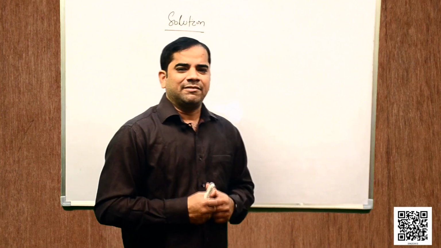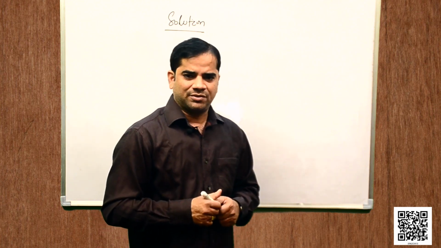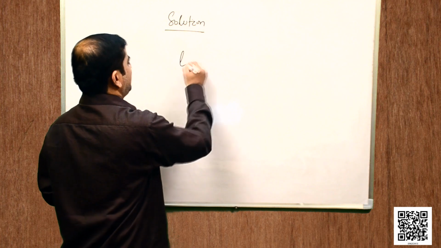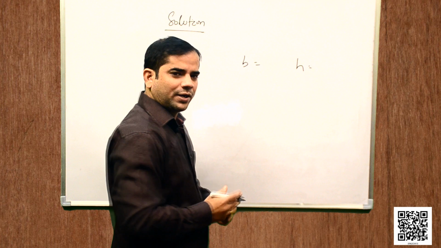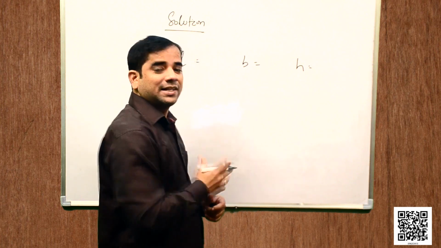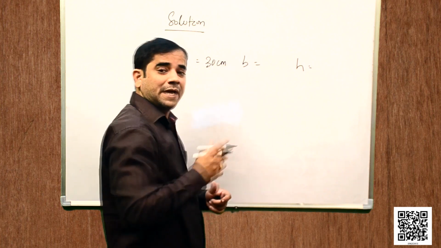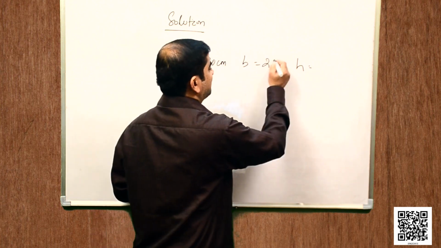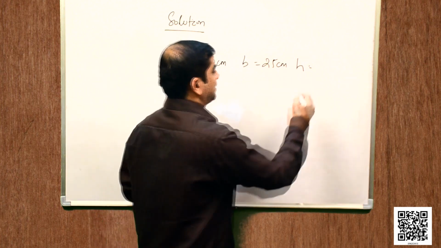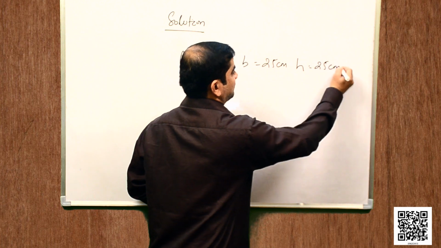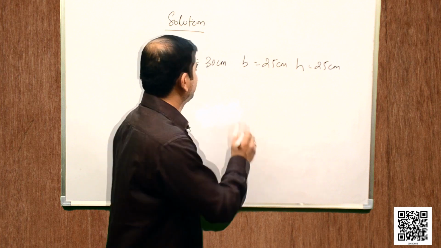As per the given data, the dimensions of the greenhouse, that is L, B and H, are: length 30 centimeter, breadth 25 centimeter and height 25 centimeter. So what is the total surface area of the greenhouse?